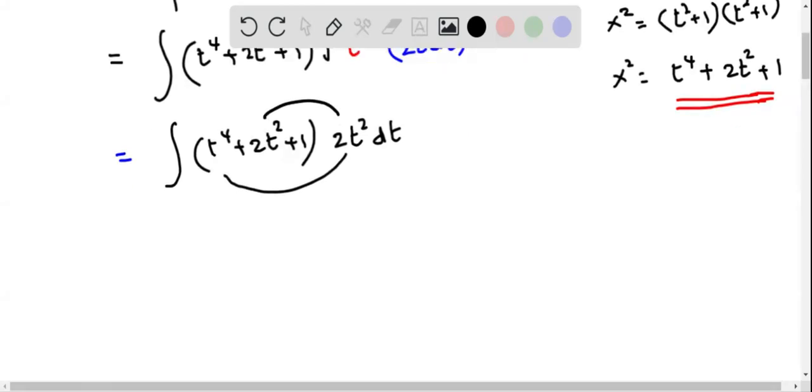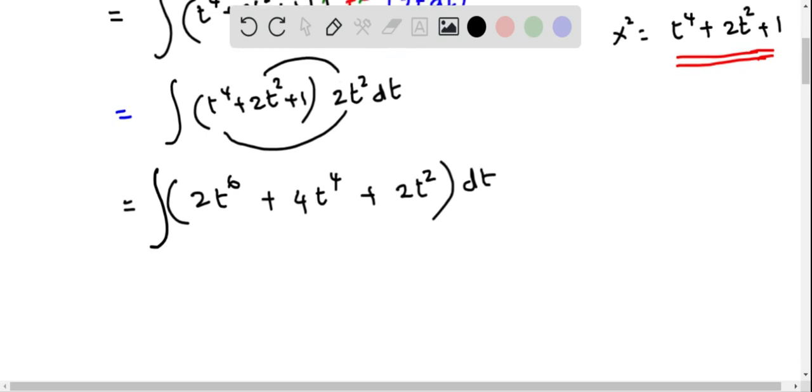So when we do the distribution, we get 2t to the power 6, because when we multiply t to the power 4 with t squared, we have to add the powers, that is 4 plus 2 is 6. And now we multiply this 2t squared with 2t squared, we get 4t raised to the power of 4, plus 1 times 2t squared is 2t squared dt.